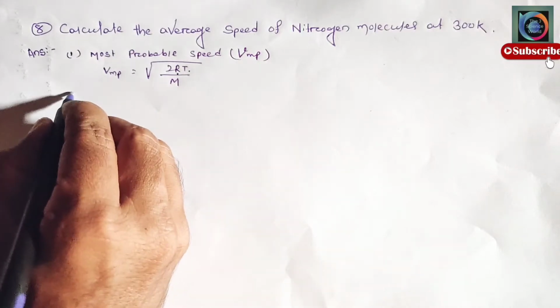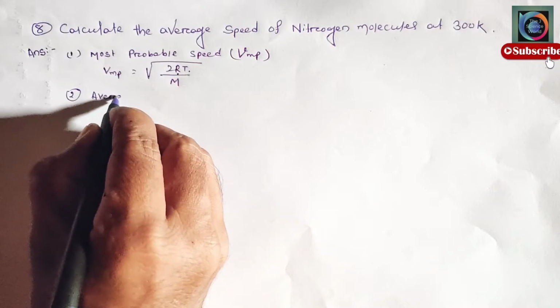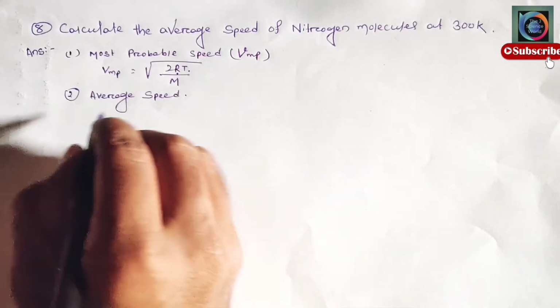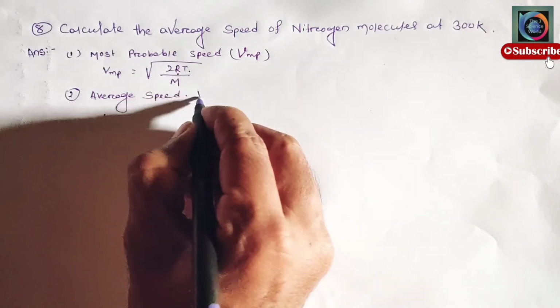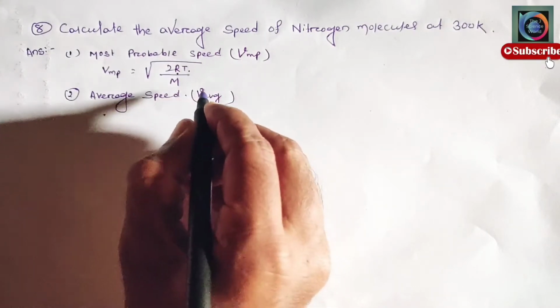The second one is average speed. Well, we already know average speed, that is expressed as v average.